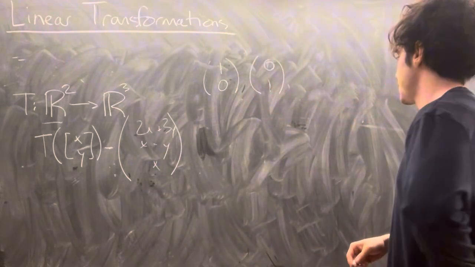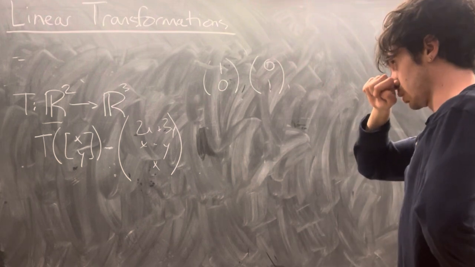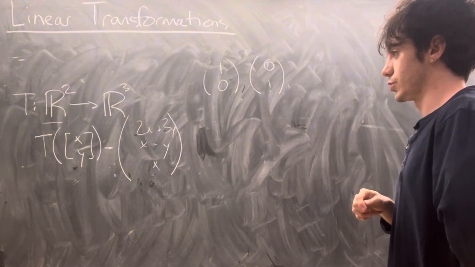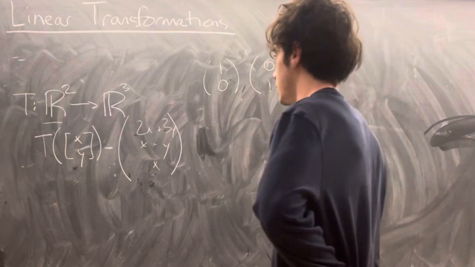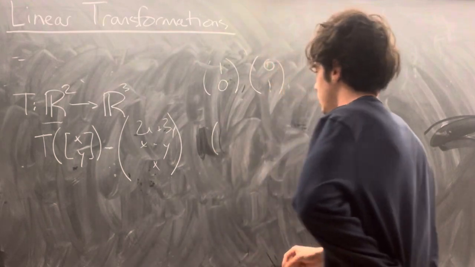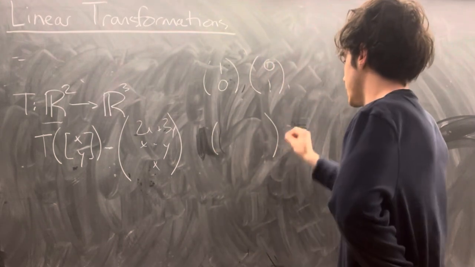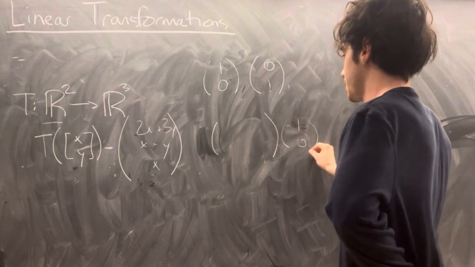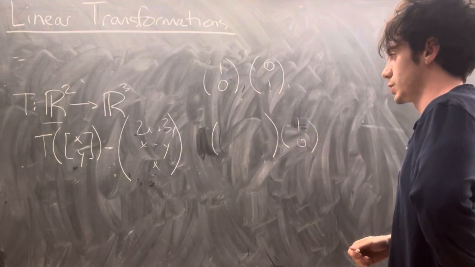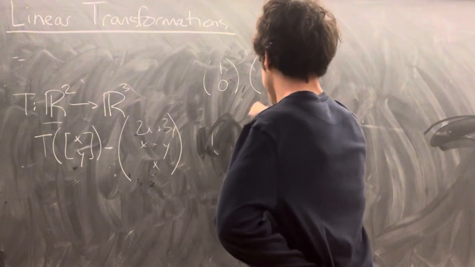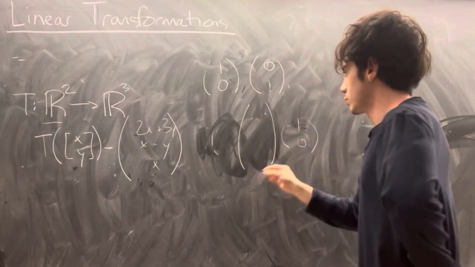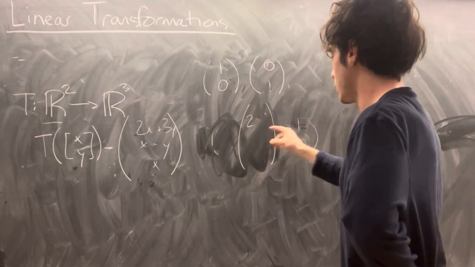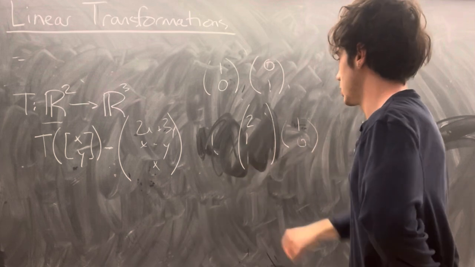So we want to see how the basis vector here is getting transformed, and it's going to be done by this, where (1, 0) corresponds to 1 times 2, 1 times 1, 1 times 1.